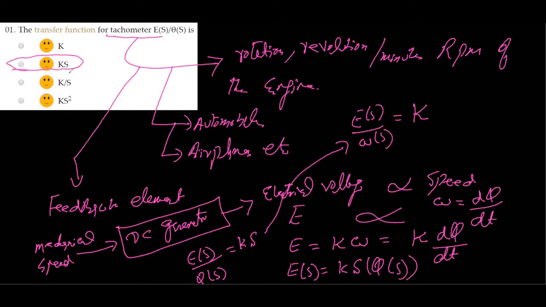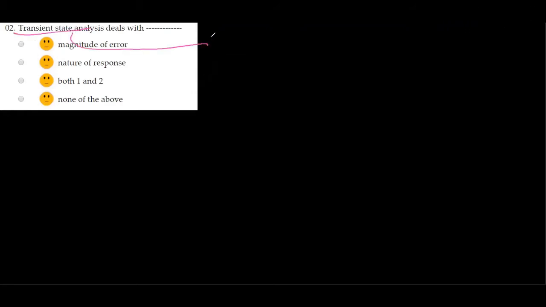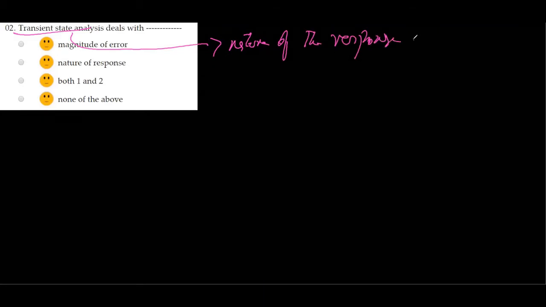Okay, next MCQ is: transient state analysis deals with magnitude of error, nature of the response, both 1 and 2, none of these. So let's discuss it in detail. Transient state analysis deals with the nature of the response of the system, that is, which type of response your system will give.